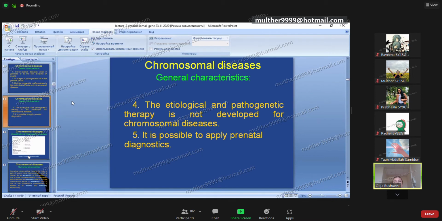The cytogenetic method can help us with diagnostic of chromosomal diseases because we should calculate the number of chromosomes in the karyotype of the fetus and analyze presence or absence of different structural chromosomal abnormalities.